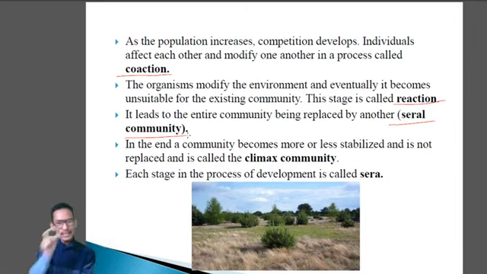That means in between the pioneer and the climax we have the seral community. This community develops in the area after the pioneer community but before the climax communities make their appearance.